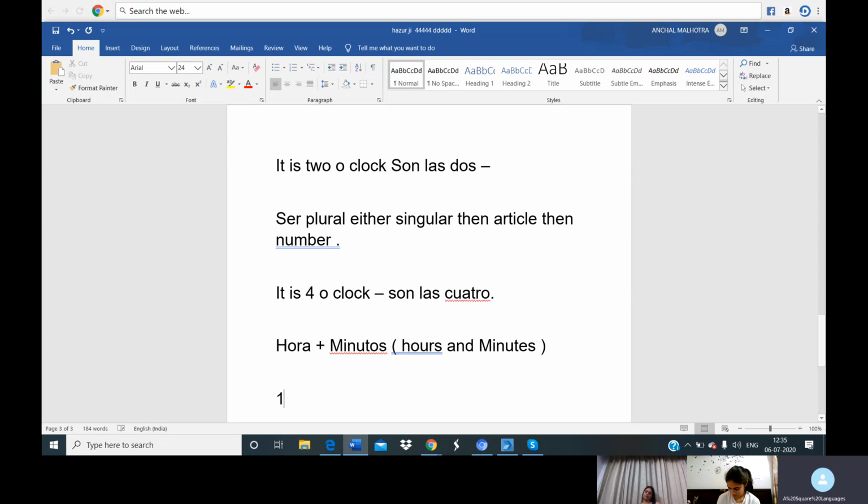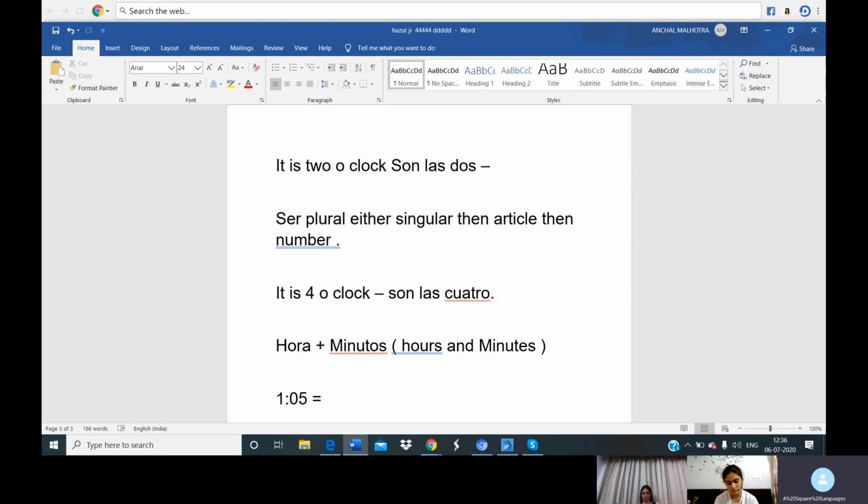For example, if I'm saying it is 1:05, in English we have to say it's 5 after 1, or 5 past 1. 1:05 basically never exists in English, but 1:05 exists in Spanish.